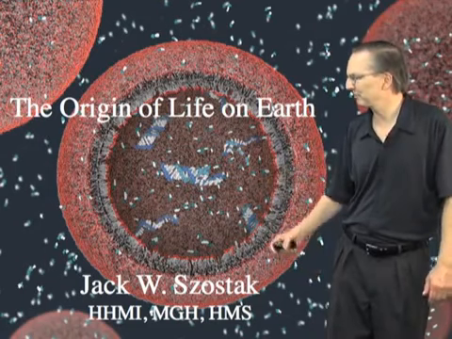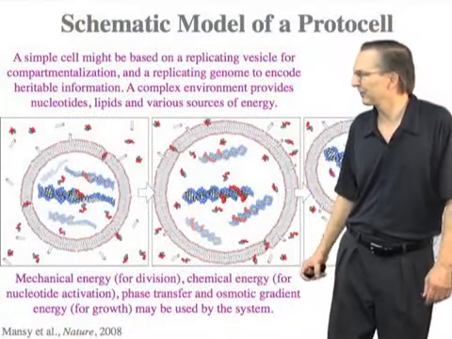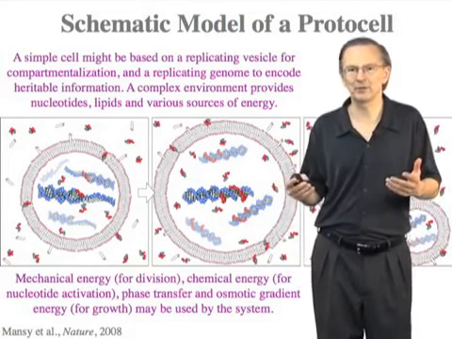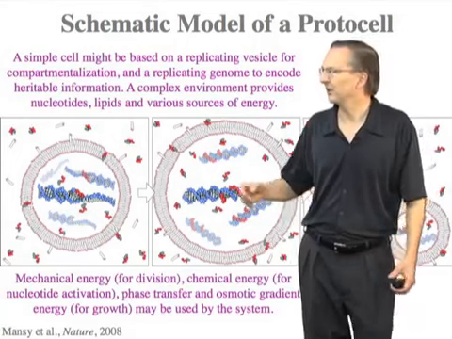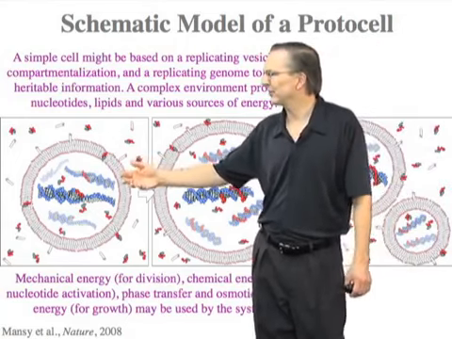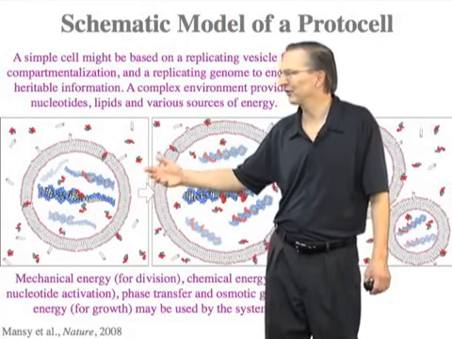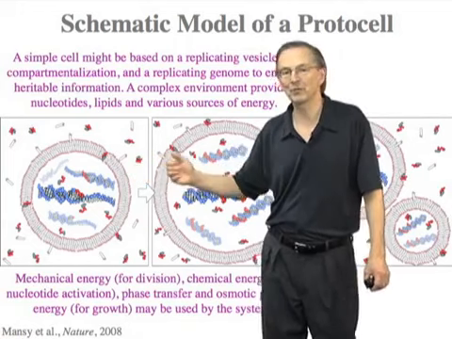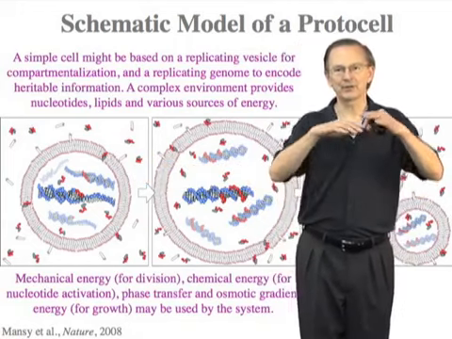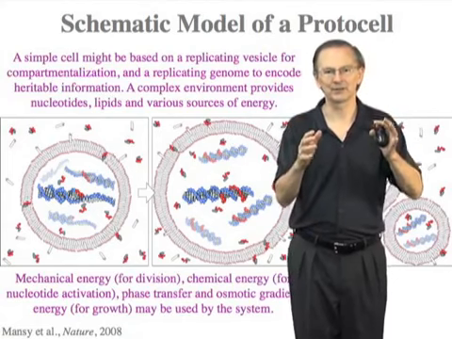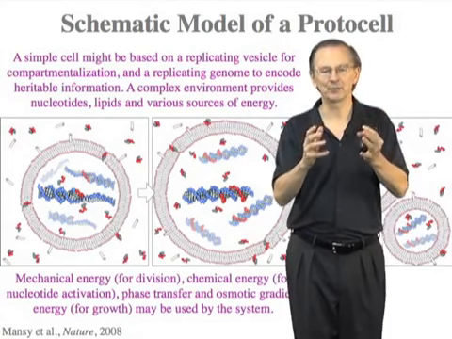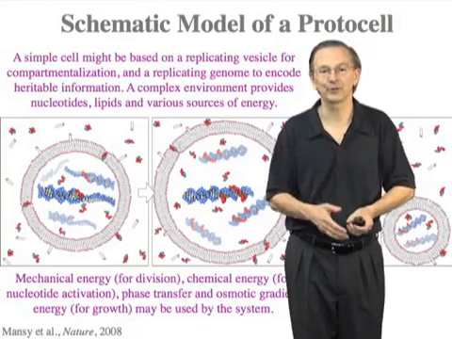So let's begin by having a look at our conceptual model of what an early protocell looks like. Again, we think of protocells having two parts, a membrane boundary that closes up into a spherical vesicle that can encapsulate molecules in the internal aqueous compartment.